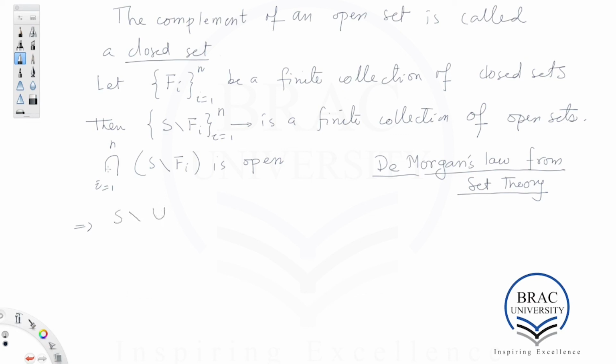So it reverses, the intersection becomes union under De Morgan's law. S minus the union of F_i is open, okay? So if this is open, then the union has to be closed, right? By the definition of closed sets.